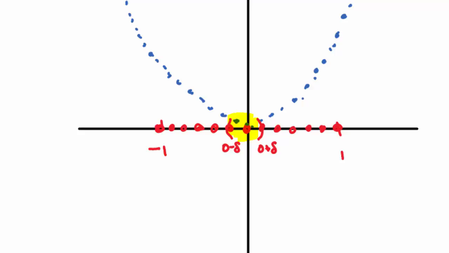And let me just draw in a given epsilon neighborhood here. They've given me a plus minus epsilon around the height of 0, right? So here's 0 plus epsilon, and this is 0 minus epsilon. So that's really what we're saying.